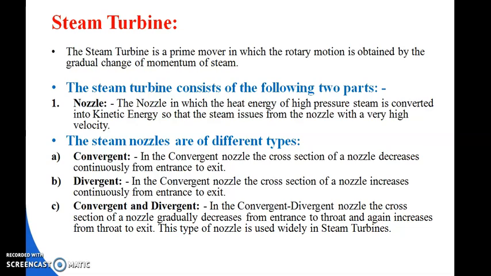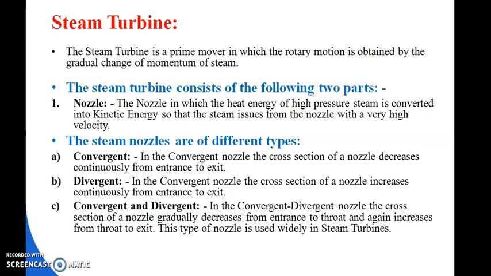In the nozzle, the steam enters with high pressure, high temperature and high enthalpy, and the steam comes out with very high velocity, slightly low pressure, slightly low temperature and low enthalpy.